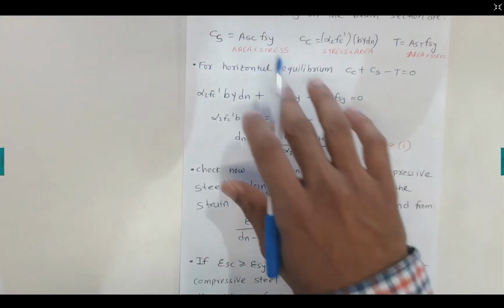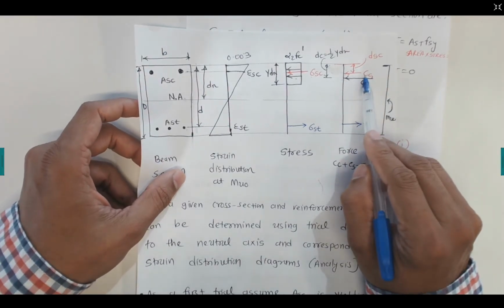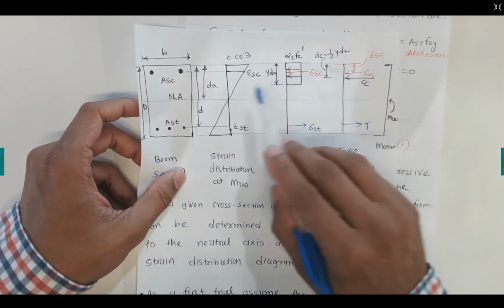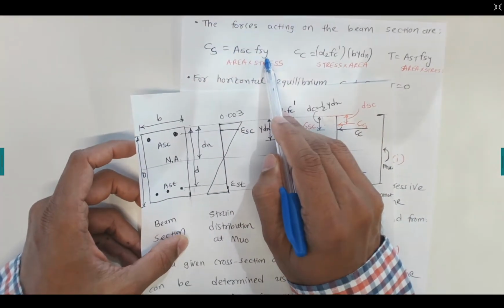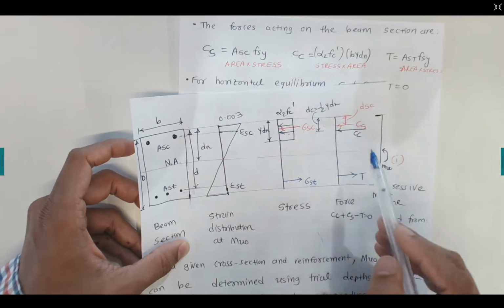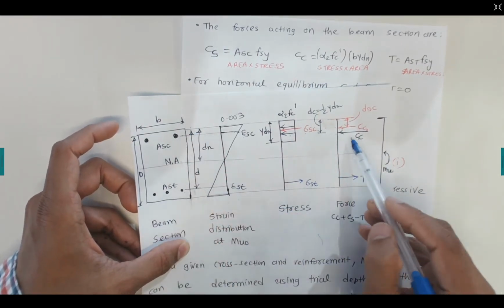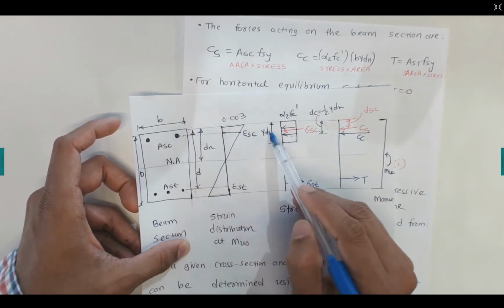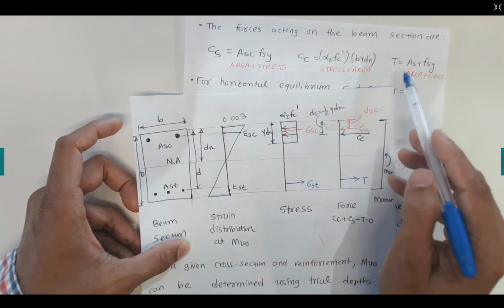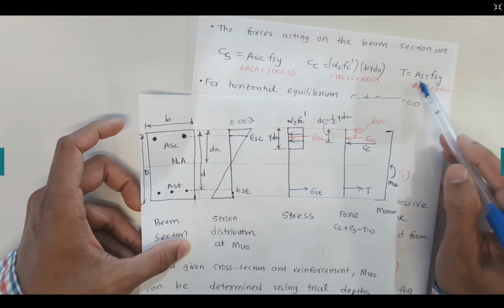Now, as I mentioned, there are three forces that we are dealing with. First is the compression force in the top reinforcement, that is the area of the top reinforcement times the yield strength. Second, we have a compression force in the concrete above the neutral axis, that has a stress alpha 2 fc' times the area b times gamma dn. And we have a tension force in the bottom reinforcement, again stress times area, Ast times fsy.